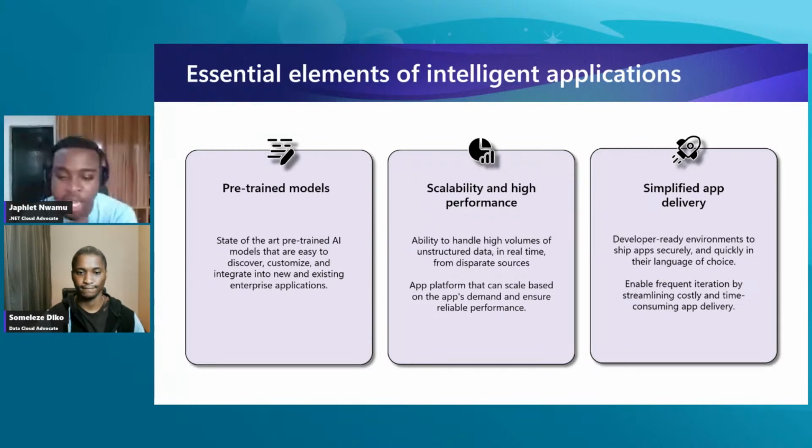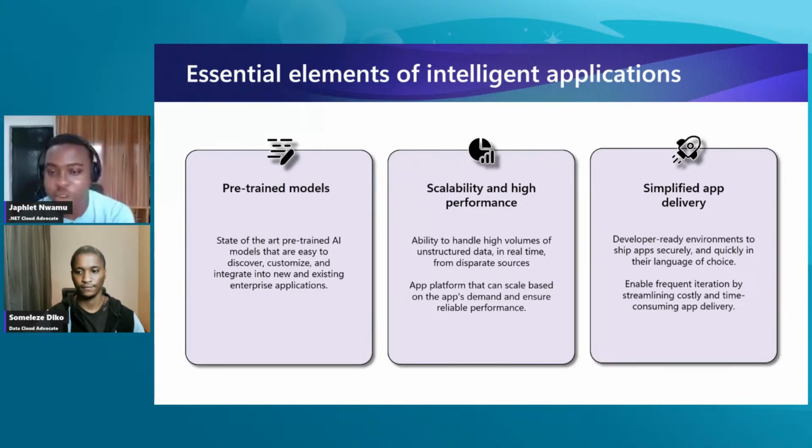And then, whenever we're talking about intelligent applications, we're talking about ease. We should never forget to talk about simplicity. It's really, really easy for you to deploy the solution and quickly get them ready in whatever programming language you need to utilize them.